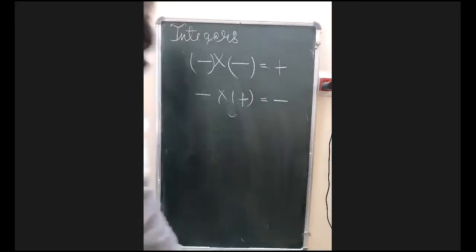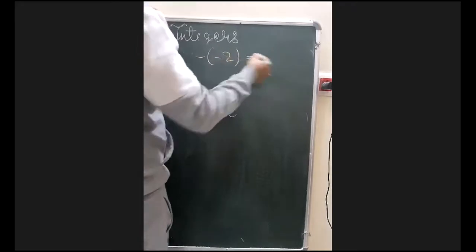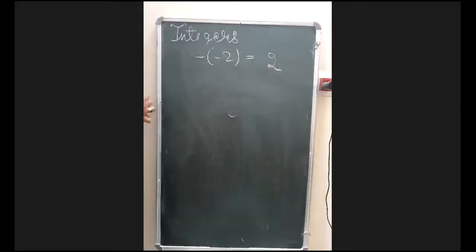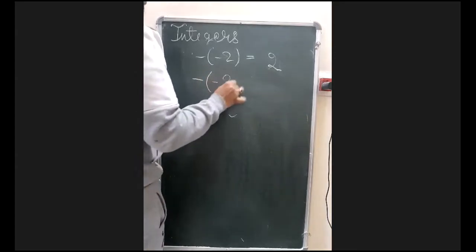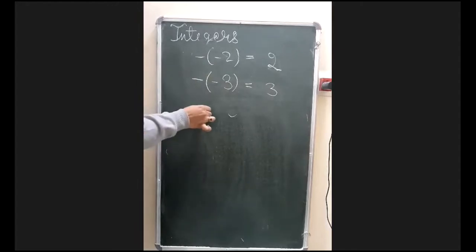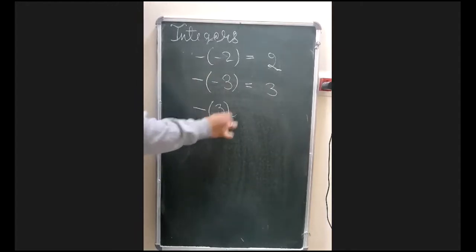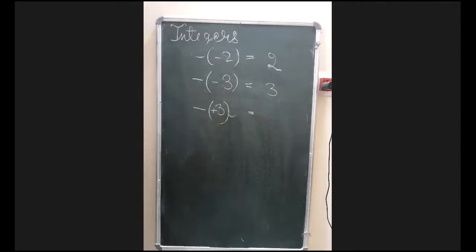For example, let me tell you here. Minus and minus 2, if written together, the answer would be plus 2. And if it is written minus minus 3, it will give you plus 3. If it is written minus and inside only 3, it means there is no sign inside, meaning there is a plus sign inside, so plus minus gives minus 3.